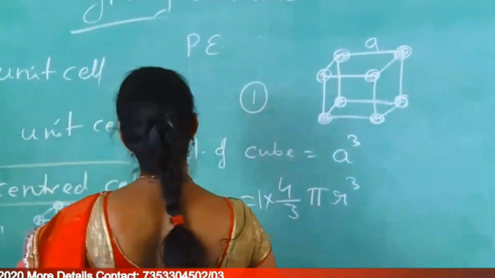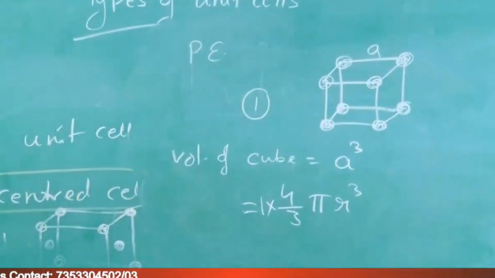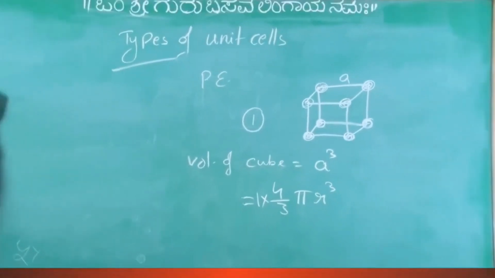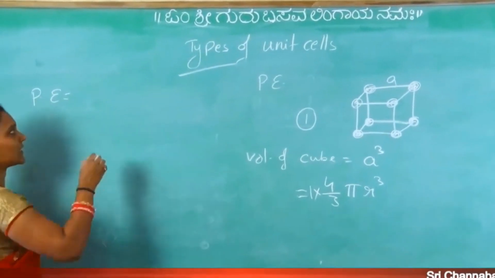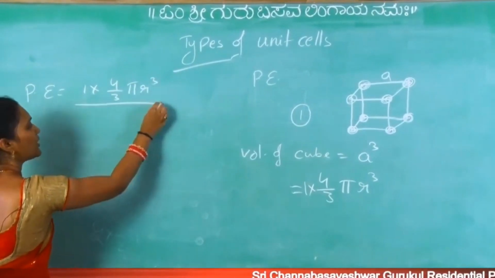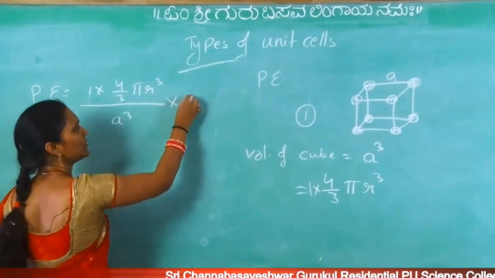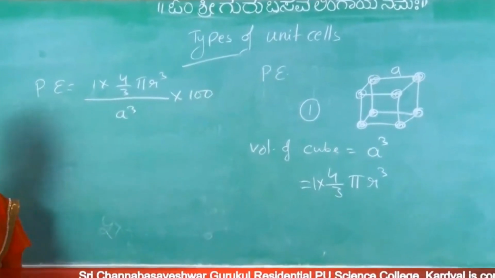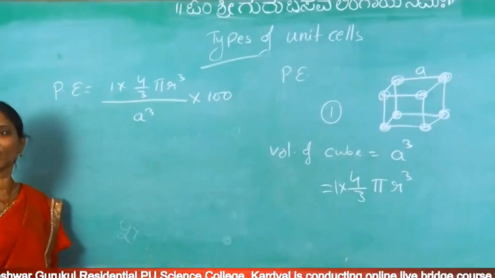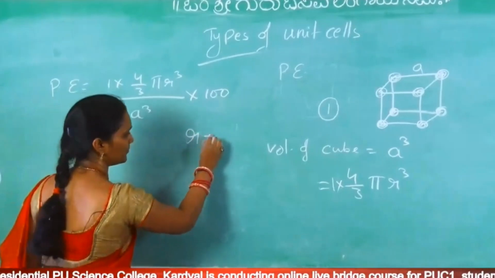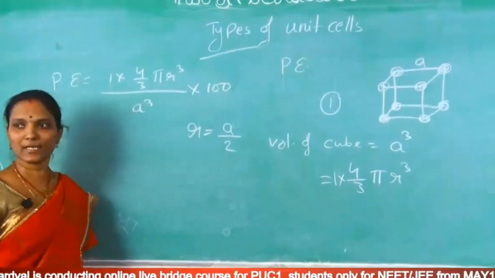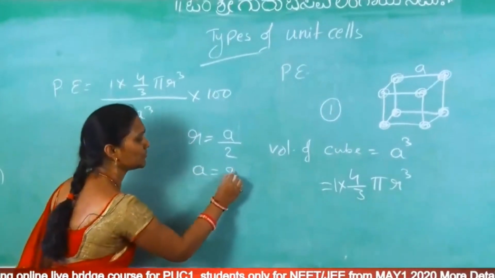Now packing efficiency in primitive. Packing efficiency is equal to volume of all the particles, 1 into 4 by 3 pi r cube, by volume of the cube, a cube, into 100. But instead of a cube, replace a with r. In primitive unit cell, radius is equal to a by 2, then a is equal to 2r.